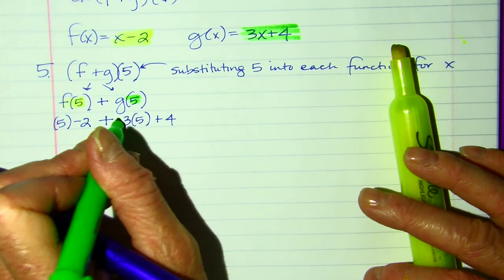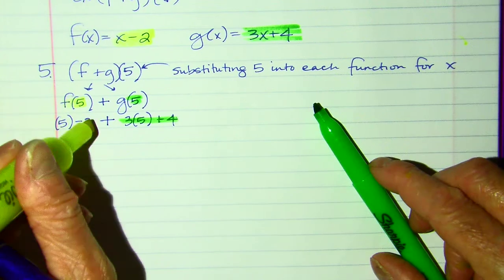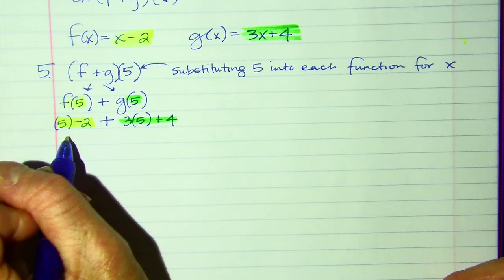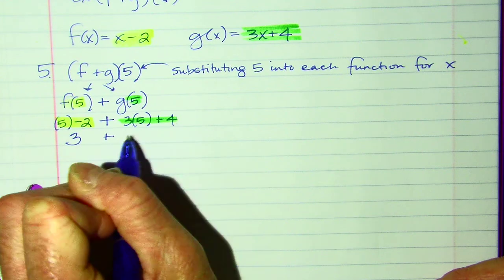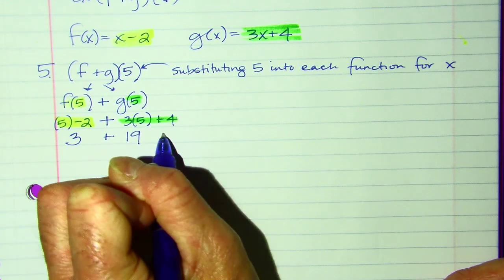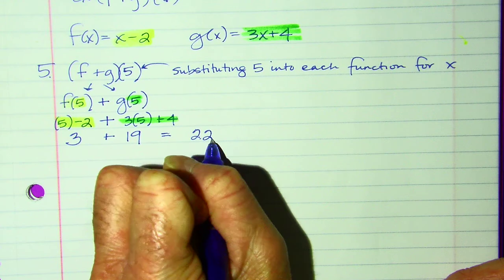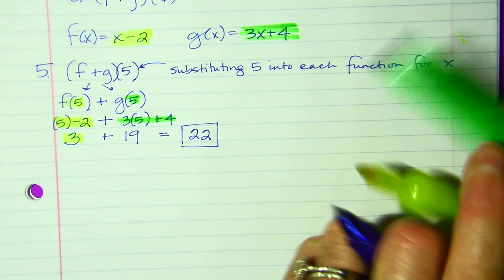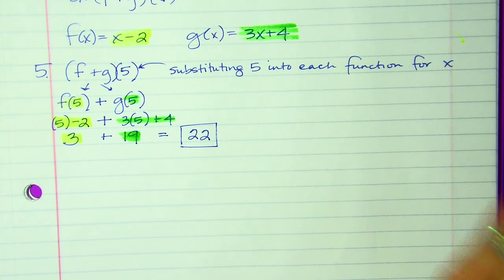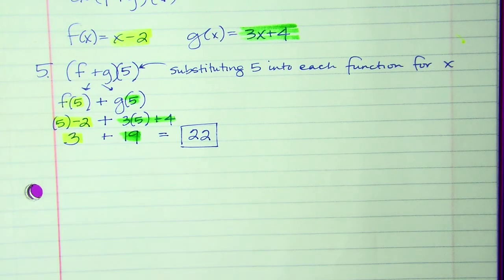So I have the green, and this is my yellow. So the result of my yellow is 3, plus 15 plus 4 is 19. So my final answer is 22. Okay, so follow that all the way down. You're doing it separately, and then this is asking us to add our answers.